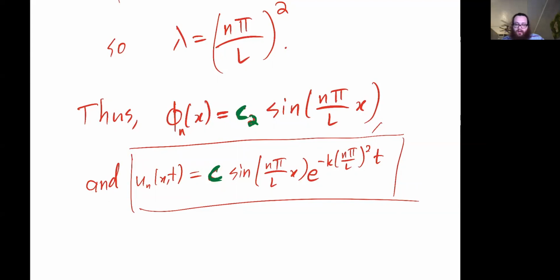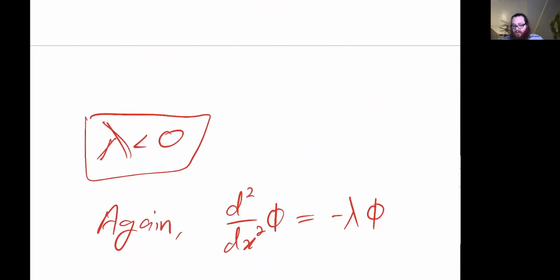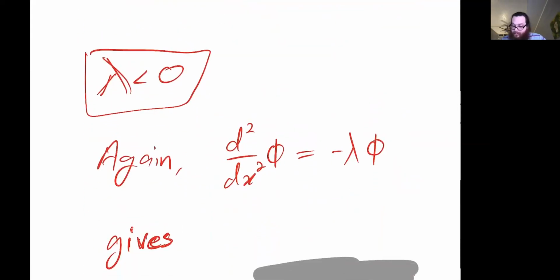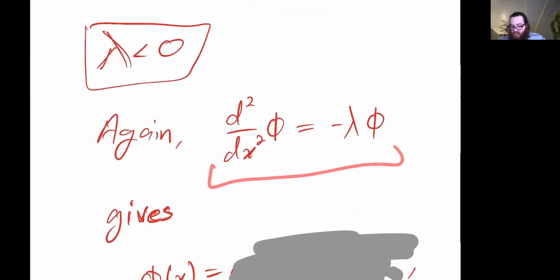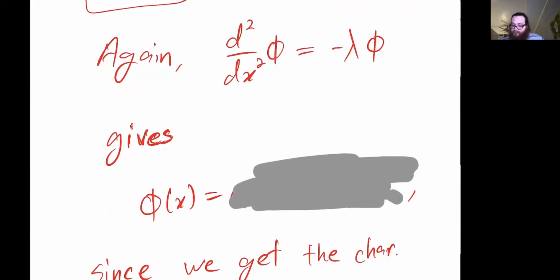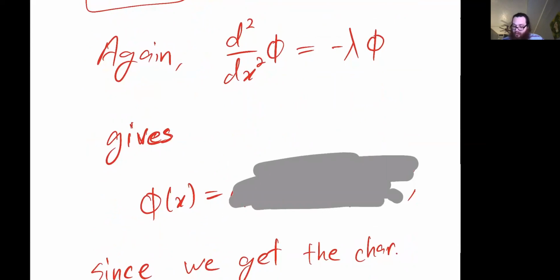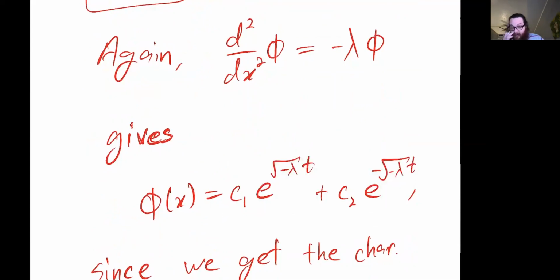So why is that? Well, next topic. What if lambda was negative? Then we'd be working with this ODE where, since lambda is negative, minus lambda is going to be positive. So phi has to take this form.